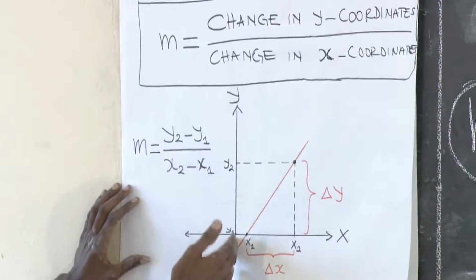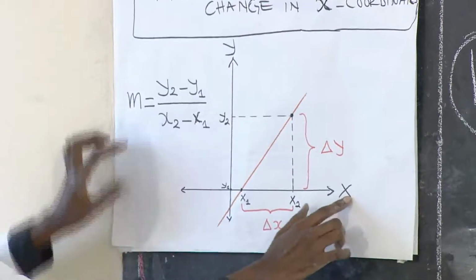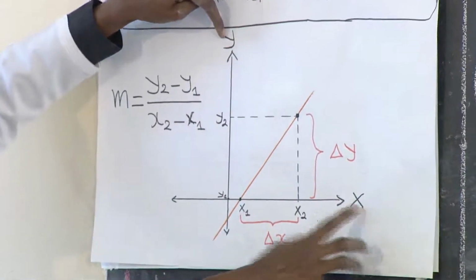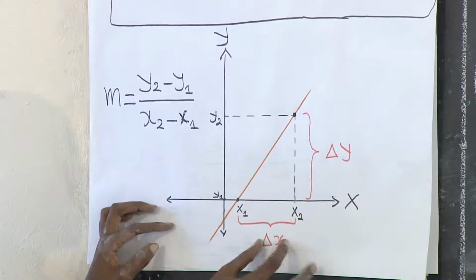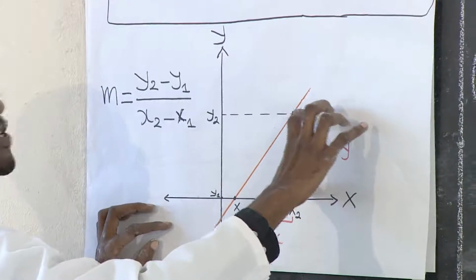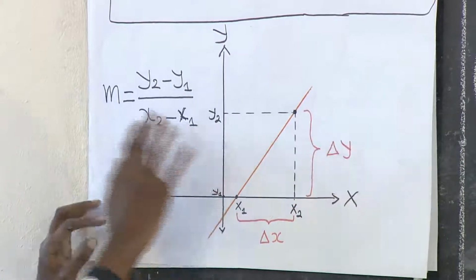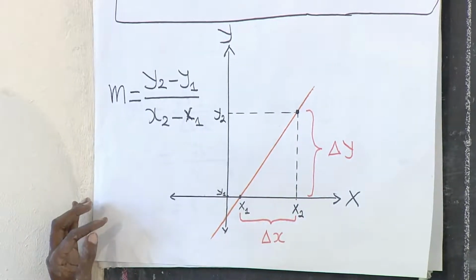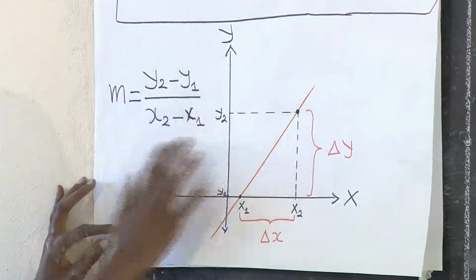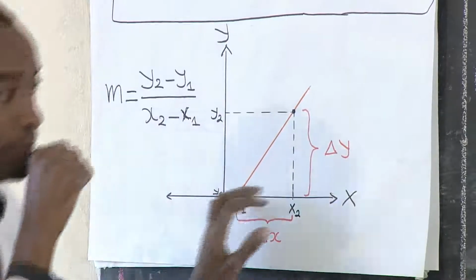When you look at this, we have x-axis and we have y-axis. This is what you call the change in x. And this is what you call the change in y. So when you are calculating the gradient of any linear equation, you need to work on this gradient.